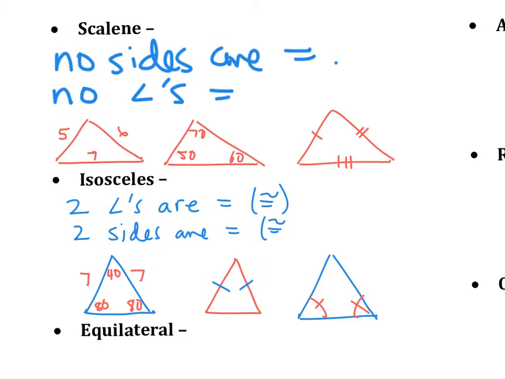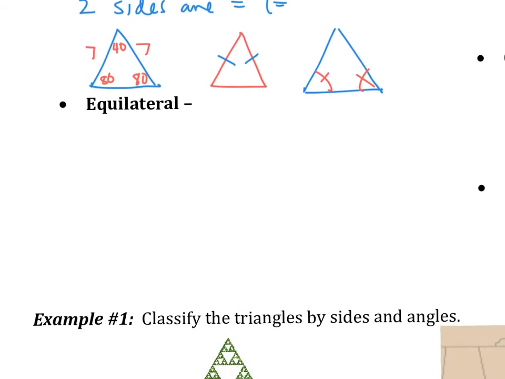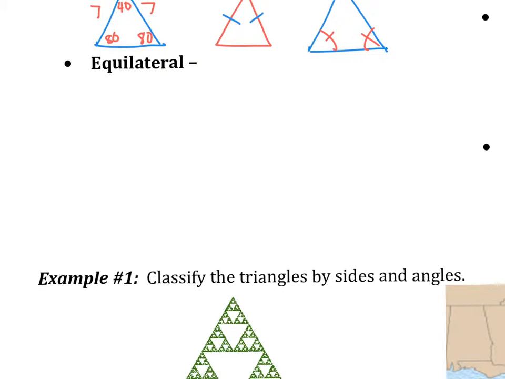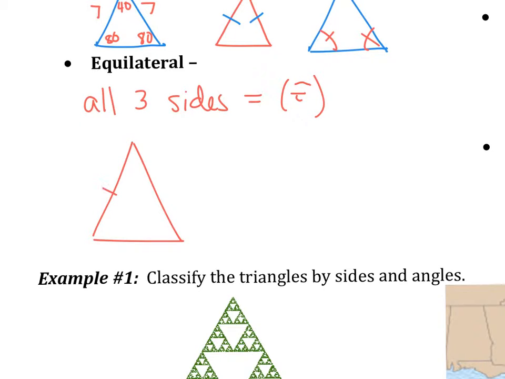Equilateral. All sides are equal. Do you agree with them? Yes. So all three sides are equal, or congruent. So again, tick, tick, tick, or I can go like 4, 4, 4.